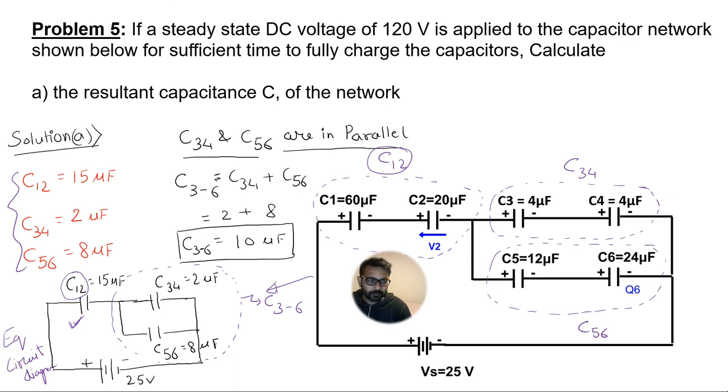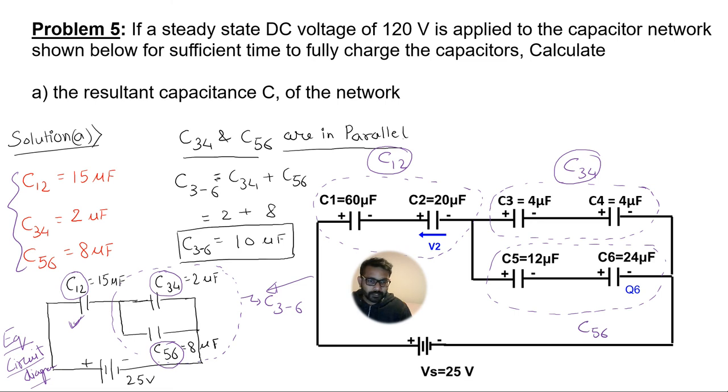Similarly, I have calculated C3 and C4, so I replaced the two capacitors by its equivalent value, C34. And finally, I have also calculated C5 and C6, so I replace the two capacitors by its equivalent value. Using this, I develop an equivalent circuit diagram.